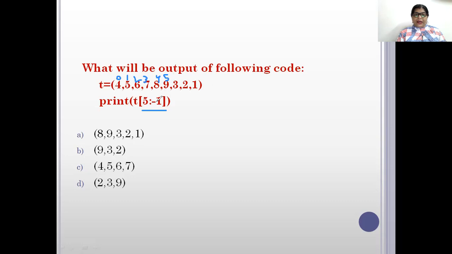So -1 they are saying, so this is -1, this is -2, this is -3. We know that the end element is exclusive. It will not be inclusive.